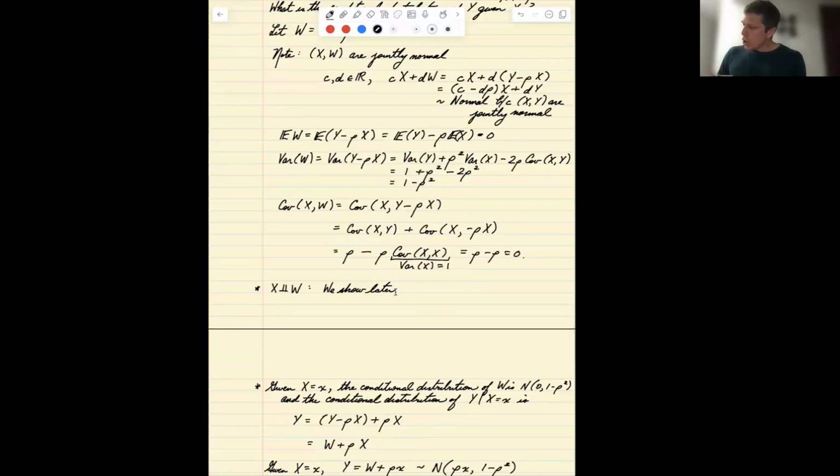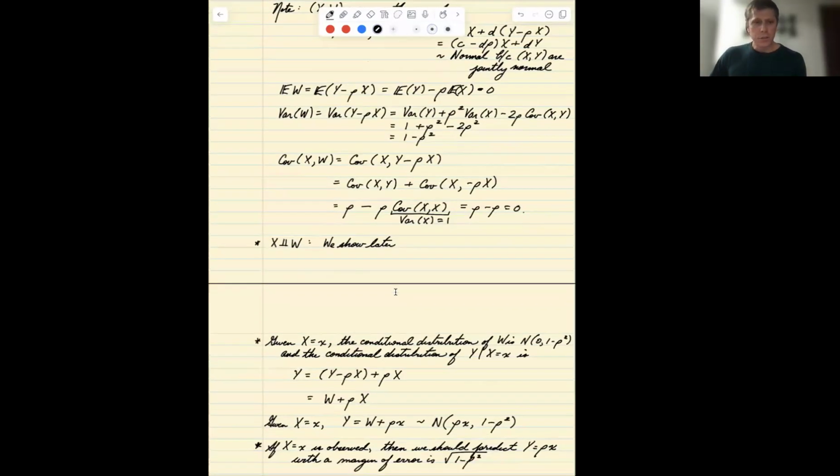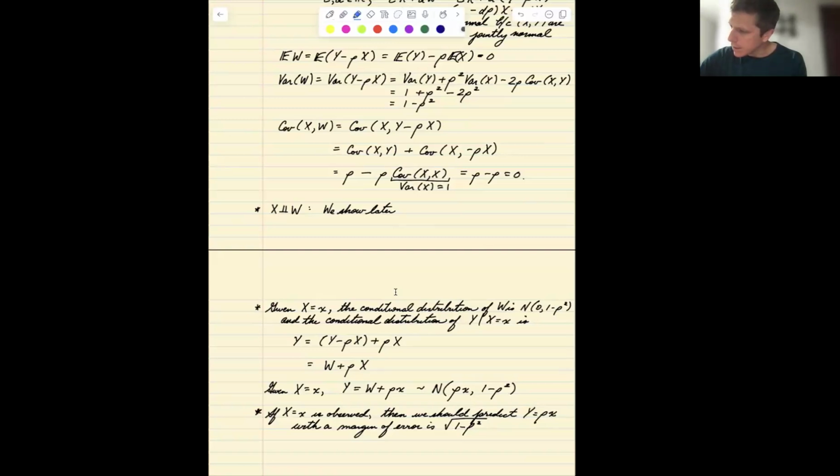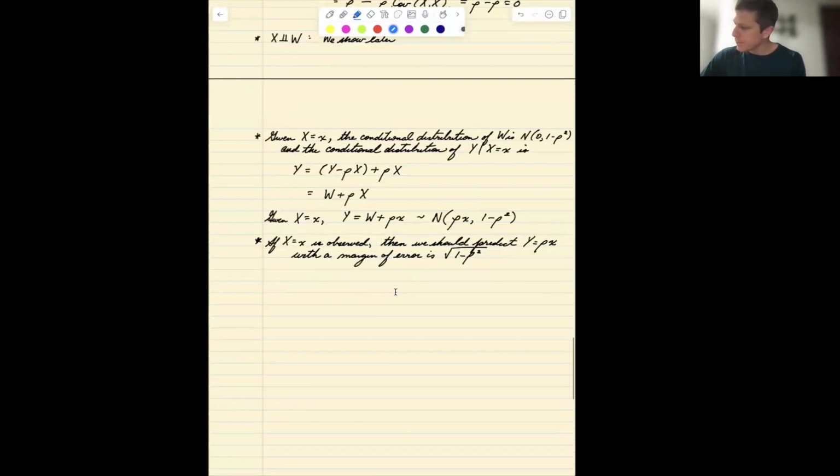We've also introduced some concepts here that we'll explore in the next video, conditional expectation and conditional variance. The conditional expectation you can think of as the expectation of the conditional distribution. The conditional variance is the variance of the conditional distribution. That's exactly what this is saying: given that X is observed, we expect Y to have the value rho times X. That's our new expectation.